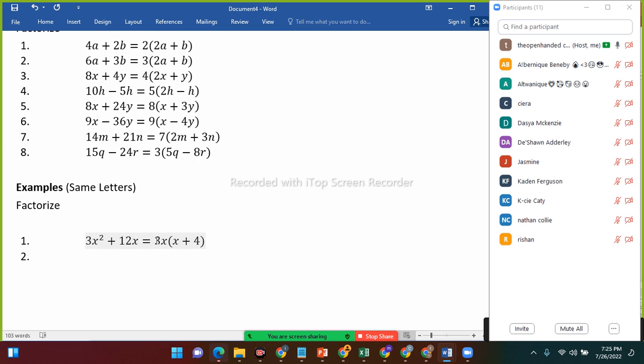Then we said, okay, so we have 3x out front. Now, what times 3x could give us 3x squared? Well, if we put the x, that'll be 3x times x, which gives us 3x squared. And if we put 4 here, that'll be 3x times 4. 3 times 4 is 12. And you already have the x here, so we attach that to give us this. Okay, so let's do another one.